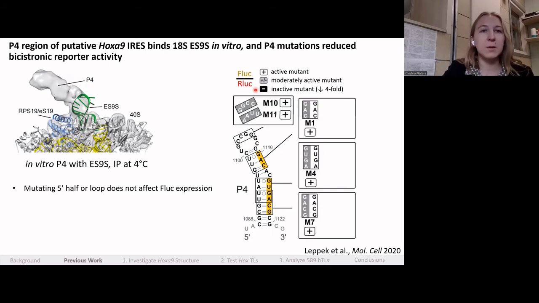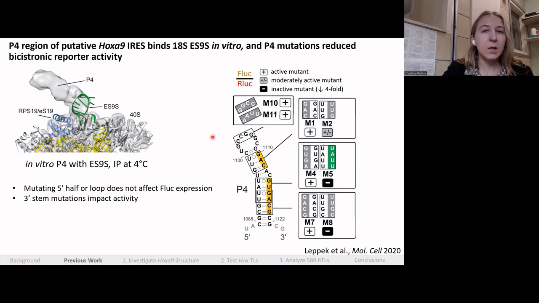So first, they mutated the 5' half of this stem loop, as well as this loop structure, and they found that it did not impact F-Luc expression. They also mutated the 3' end and saw that that did in fact reduce F-Luc activity in their bicistronic reporter assays.